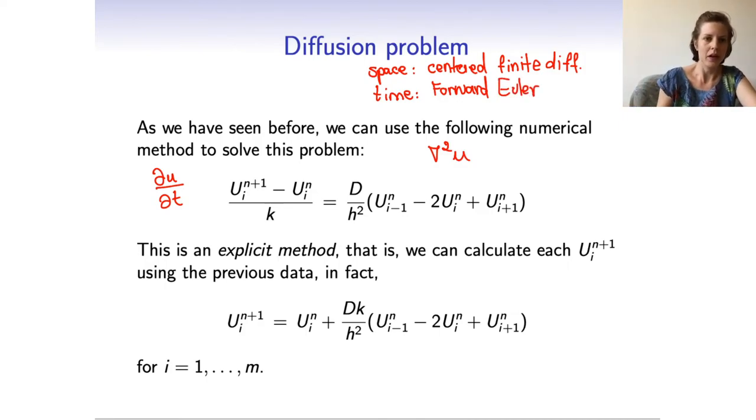Okay, this is an explicit method, which means that each un plus 1 can be calculated using the previous data, and in fact if we write un plus 1 in terms of the past terms on time, it can just be written like this.